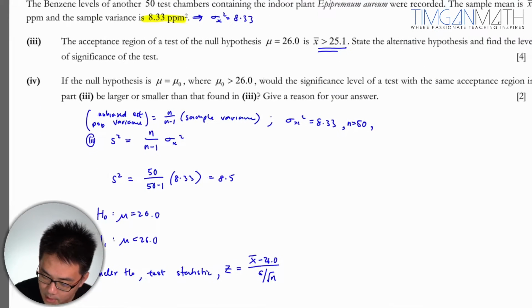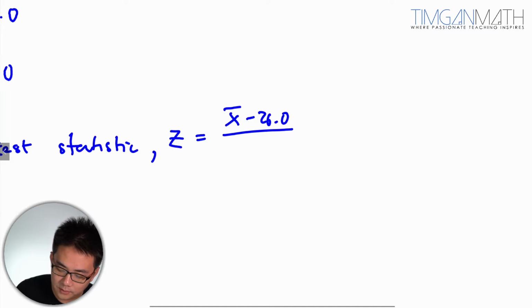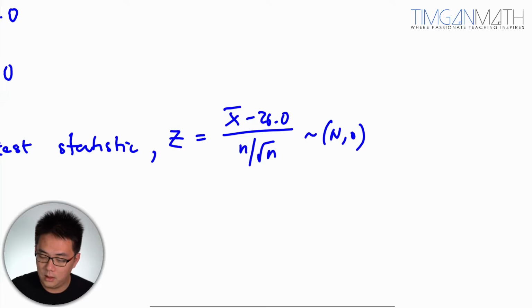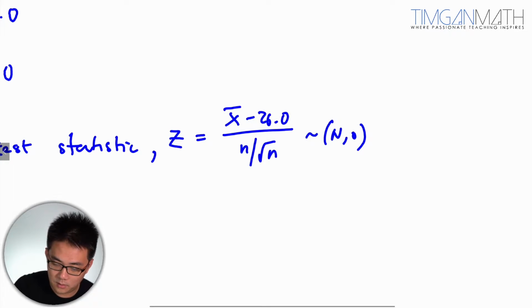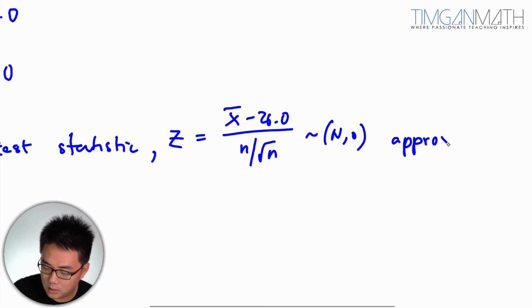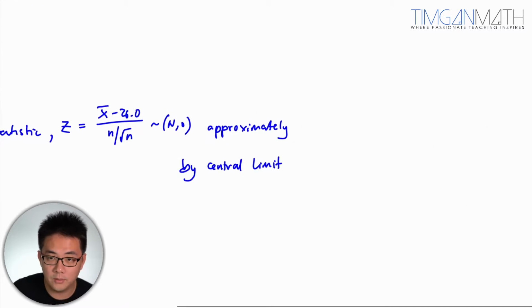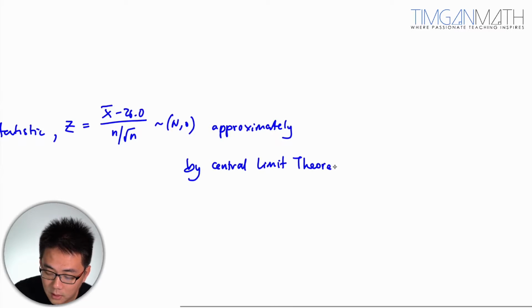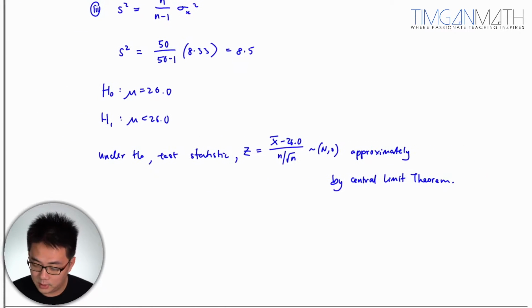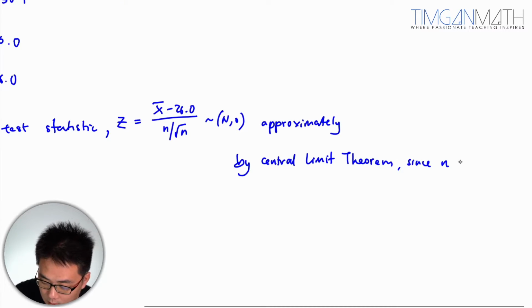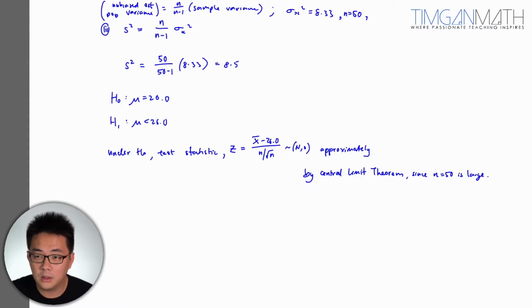And this will be approximately N(0,1). This is important, this is by the central limit theorem. You have to use the central limit theorem here, since n is sufficiently large. So that's under H0. That's what you're going to do.